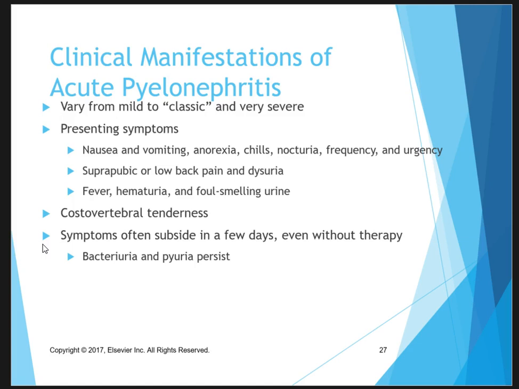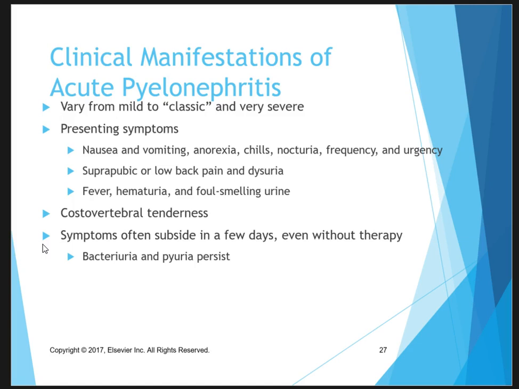So manifestations, again, very similar to what we've been saying this whole time. They range from mild to classic and then to very severe. So this is where you think of those systemic symptoms: nausea, vomiting, overall chills, frequency, urgency.